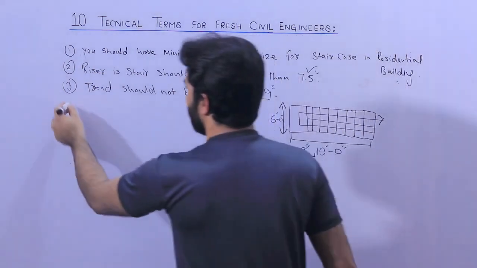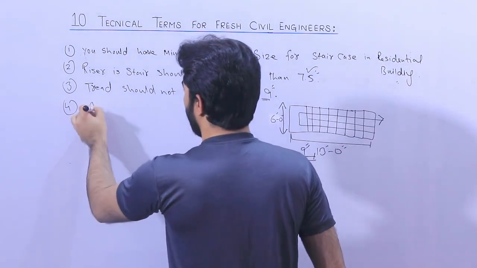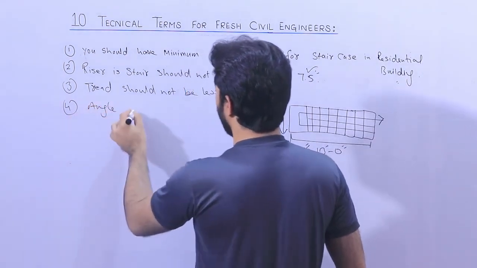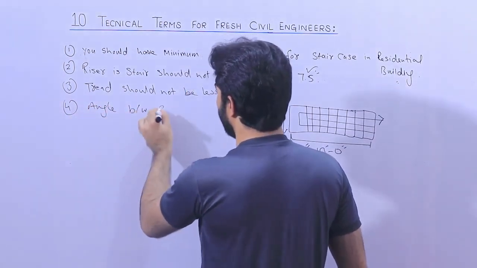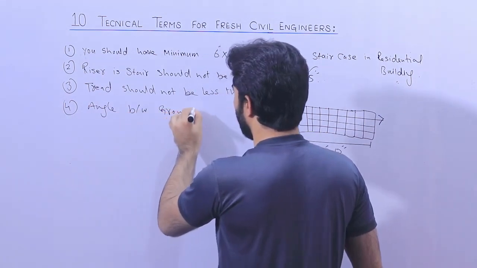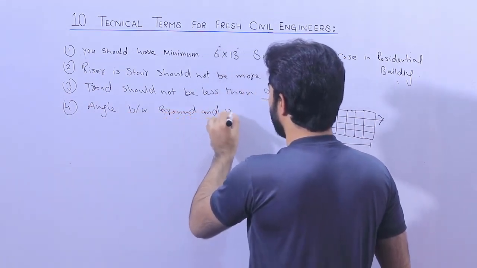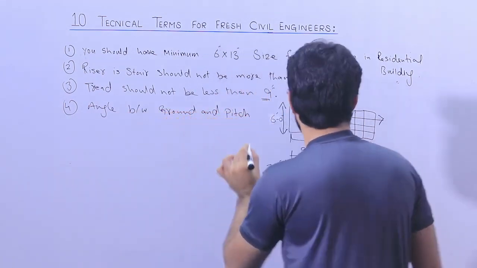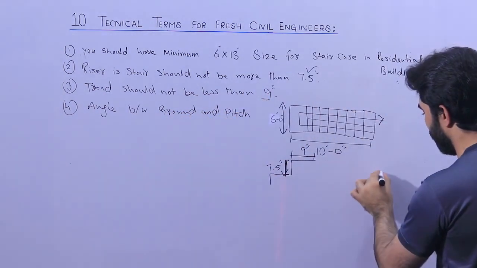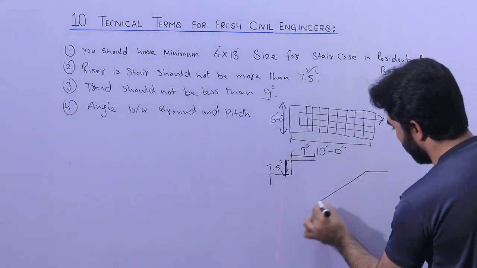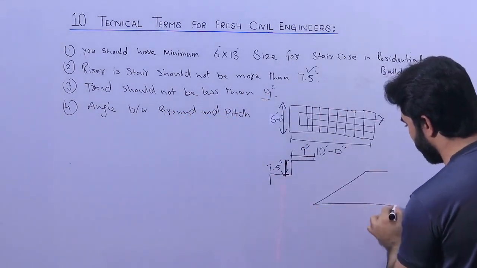Next one, in a stair, the fourth one, the angle between ground and pitch. It means, guys, you can see here, this is the landing, this is the stair, this is the ground.